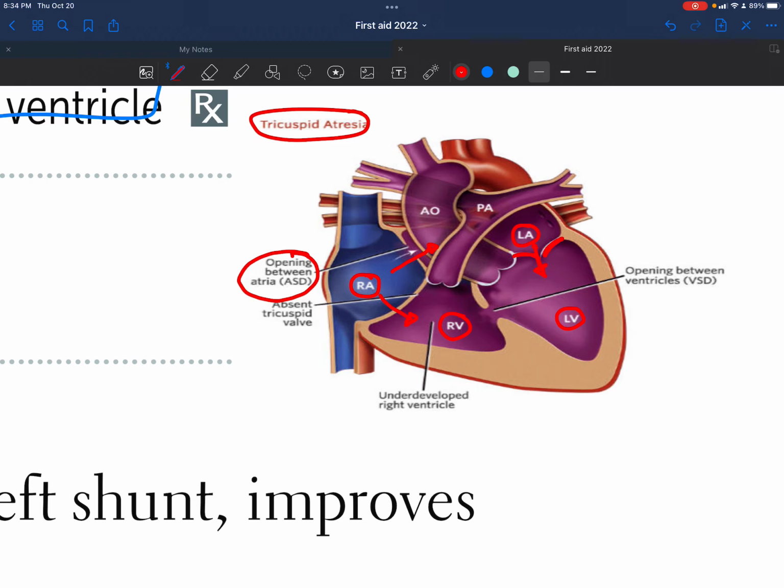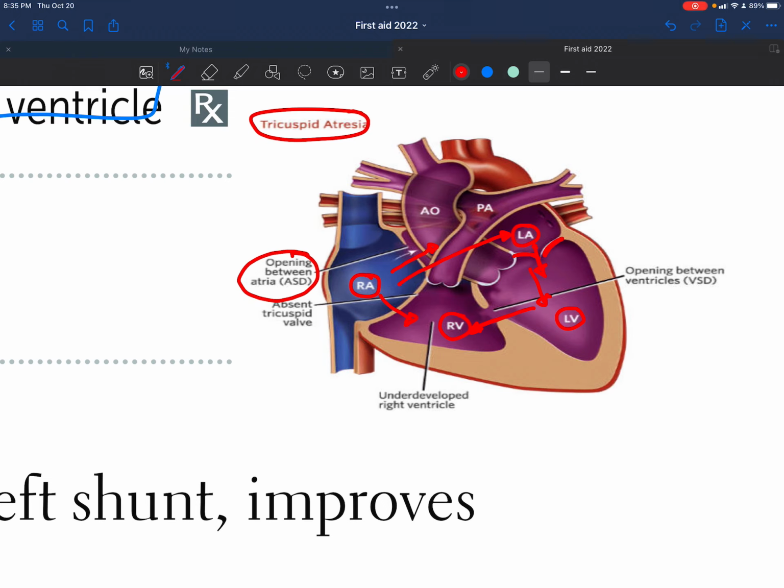So it's just moving this way. When we say that, that means blood coming from the right atrium, going to the left atrium, and then into the left ventricle, and from the left ventricle it should go back to the right ventricle.